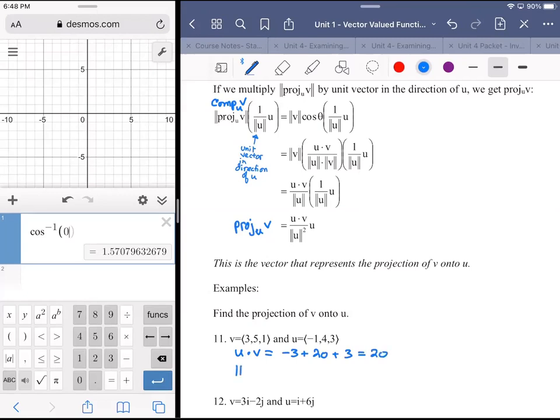Magnitude of U. So the root of 1 plus 16 plus 9, get the root in there. It would be nice if that was just one less, but it's not. So root 26. And then we have U, which we need.